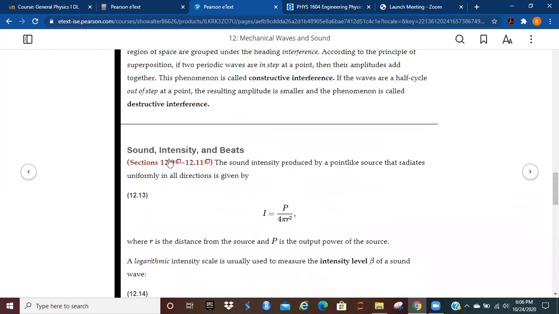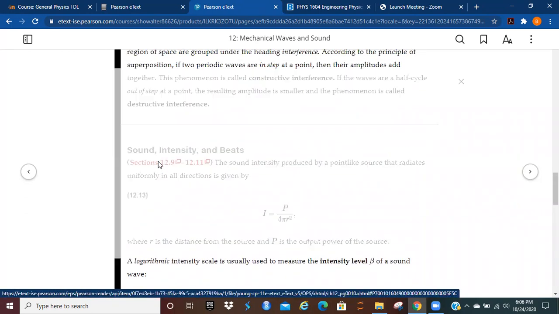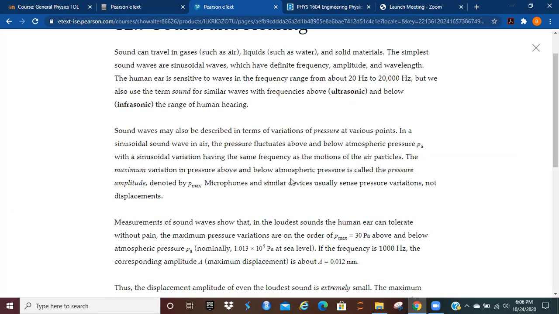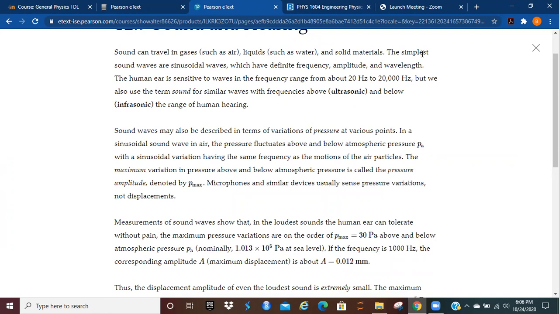So let's go and look at each of these sections individually and see what they have to say on the subject. As you know by now, sound can travel in several different types of materials. If we describe sound waves as sinusoidal waves, they're going to have a frequency, amplitude, and wavelength. The human ear is going to be sensitive to waves in the frequency range of 20 hertz to 20,000 hertz.